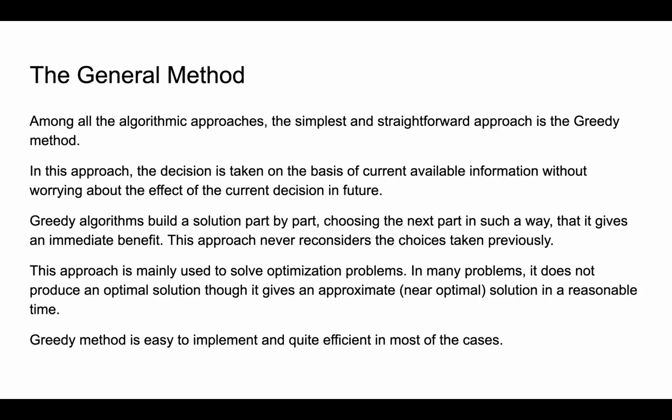Then this approach never reconsiders the choices taken previously. Okay. Means I have taken a decision which goes wrong, but this general greedy method does not reconsider. That means it was a bad choice done by me. It never goes back.